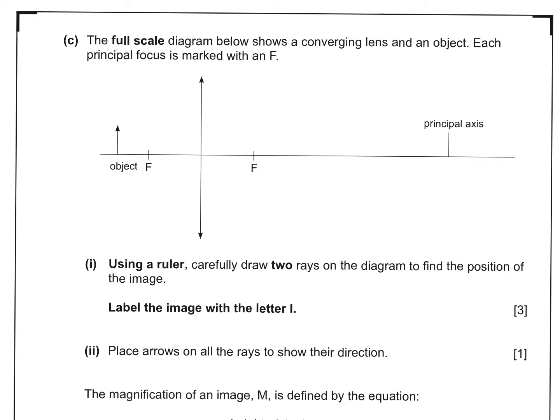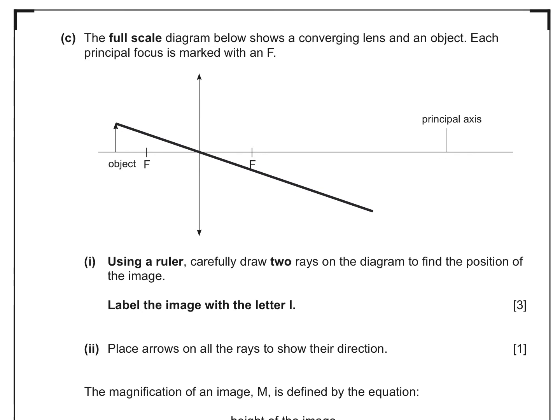And another one is one that goes through F and then turns parallel after going through the lens. So there's several rays that you can draw, and those would be the main ones. The one going through F that turns and goes parallel, and the one through the optical center that goes straight on. So you can use straight line tool to do these.